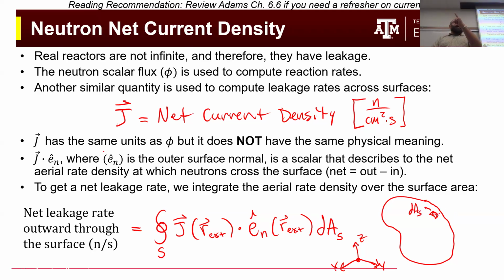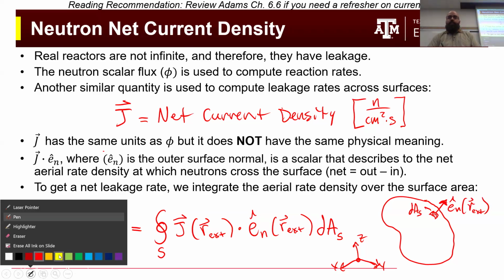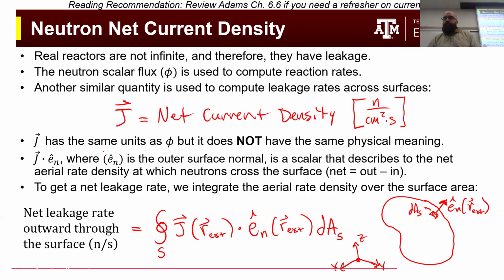That surface element is going to have an outward unit normal, which is our e hat normal vector evaluated at that external surface. In terms of that position argument, this point right here in my coordinate system is r external. It's just some coordinate on the surface, and e hat n is the unit vector that's pointing out of there.